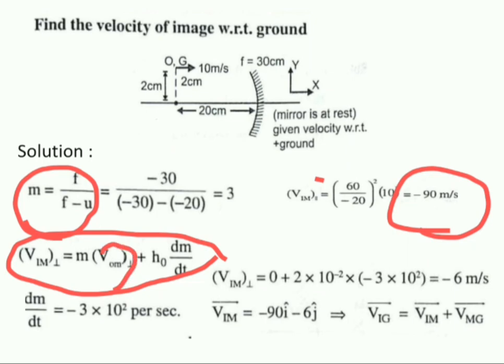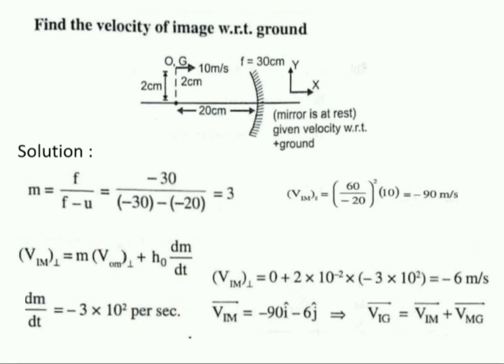And look at this term, velocity of the object with respect to the mirror, perpendicular. We don't have any velocity in this direction. Perpendicular to the mirror, we don't have any component of velocity. So in such a case, this term will become 0. So I have put that value as 0. h naught is 2 centimeter. dm by dt is 3 into 10 power minus 2, that too with a minus sign.